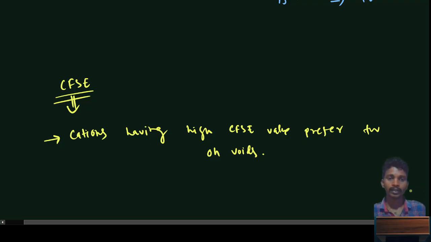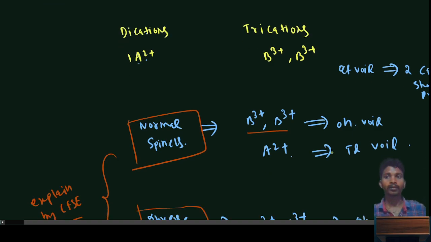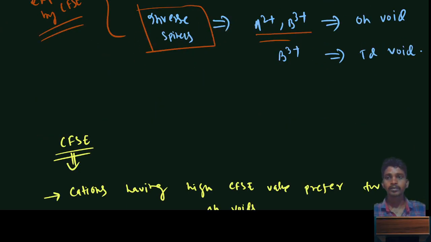So we have to calculate the CFSE accordingly, and we will say which will go to octahedral or which will go to tetrahedral. Okay, so I will conclude here. Next class we will discuss from this point. Thank you.